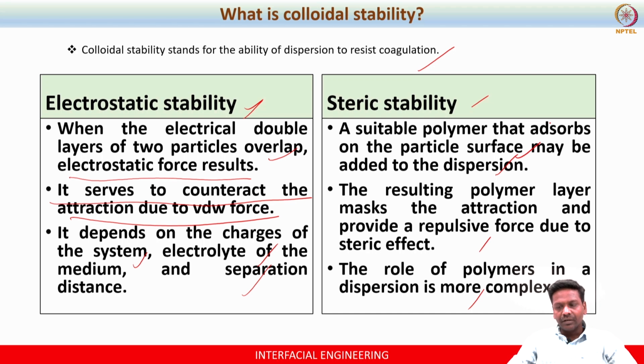By adding the polymer into the colloidal suspension, we can actually improve the repulsion and the stability of the system, because this polymer adsorbs on the particle surface and this polymer layer masks the attraction, and provides a repulsive force due to steric effect.